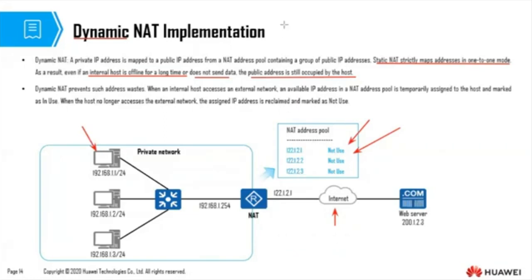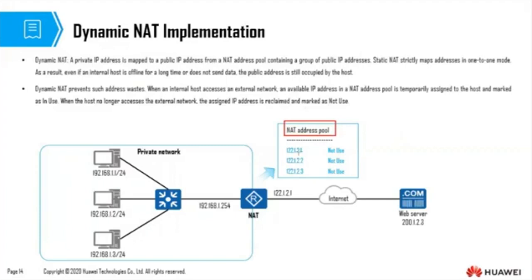So what happens is this, or is it in the next slide, by the way? I don't want to explain it yet, maybe let's have a look. But just know that the egress device has a NAT address pool that has a list of public IP addresses and their status: is it in use or not?